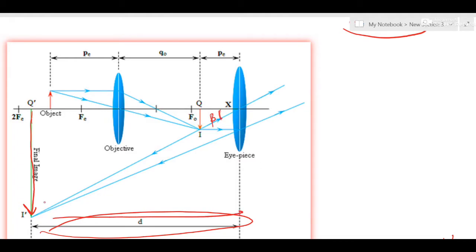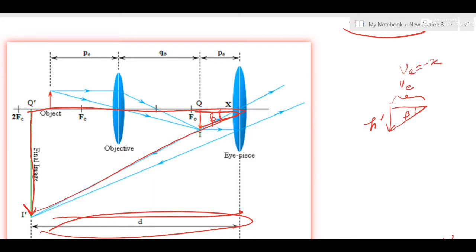Now this tangent beta can be written from the big triangle also, and can be written from the small triangle also. I would prefer it to be written by the small triangle. This is beta, this is h dash, and this is your UE, which we have imagined equal to minus x. So my tangent beta would be perpendicular by base.